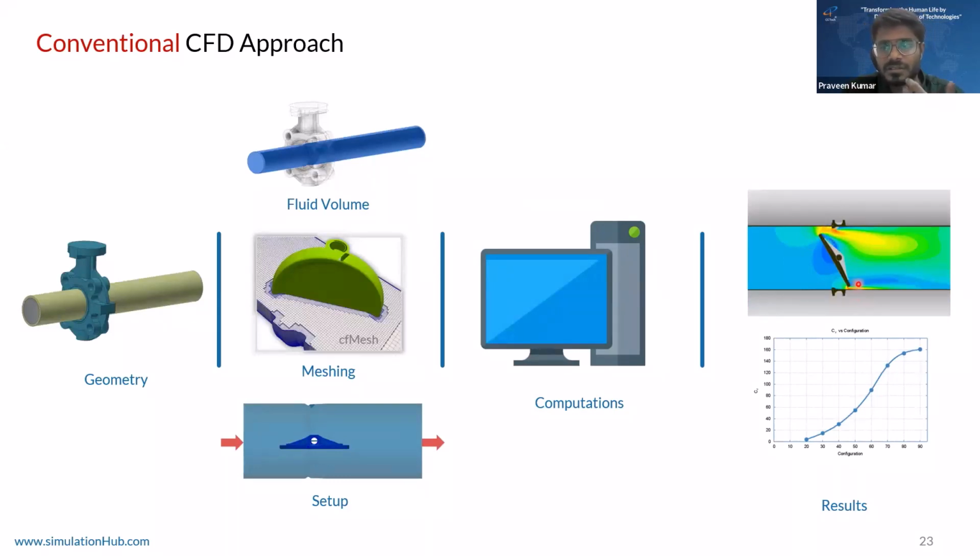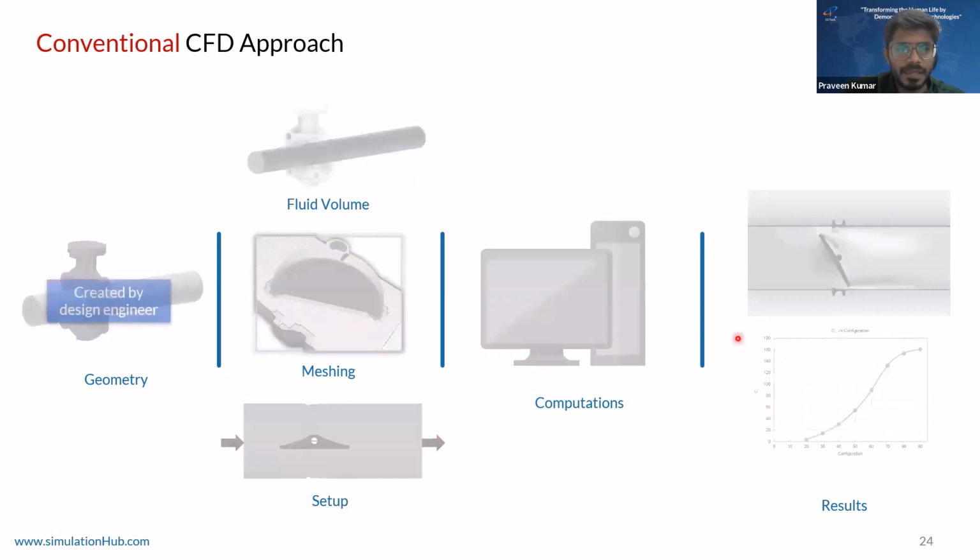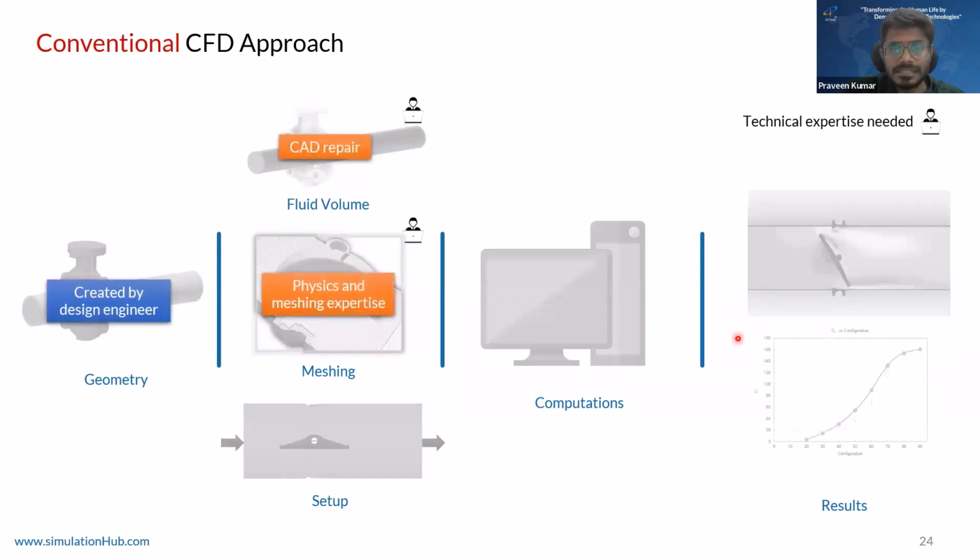So this is where I was saying you get detailed insights. What does this blue indicate? This is the flow separation area. So how do I improve my design? All those insights can be interpreted from this result. And then you get the qualitative and the quantitative results. But the problem is each and every step needs a different technical expertise.